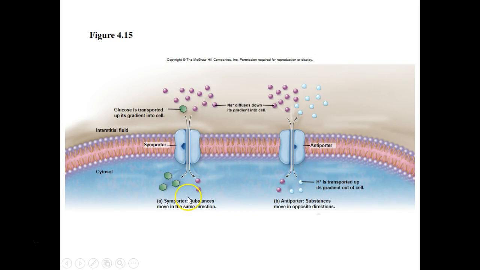Sodium moves down its concentration into the cell, bringing glucose in with it. So here's another sodium channel, and sodium moves down its concentration gradient. As it moves, hydrogen ions jump onto that bandwagon and they move out of the cell against their concentration gradient.